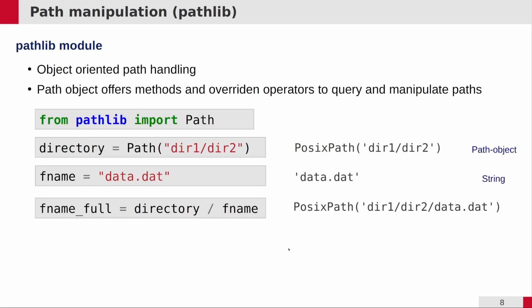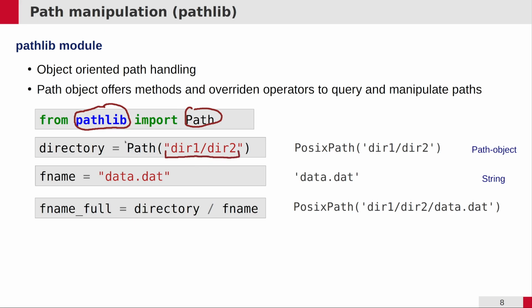There's also another way to manipulate paths. This is the more modern, more recent one in Python. It's an object-oriented path handling using the Path object from the so-called pathlib module. And this gives you a file name manipulation which is much shorter and much more concise than the one from the os.path module. I'm just demonstrating it here. Let's assume that again I have some path with various components.